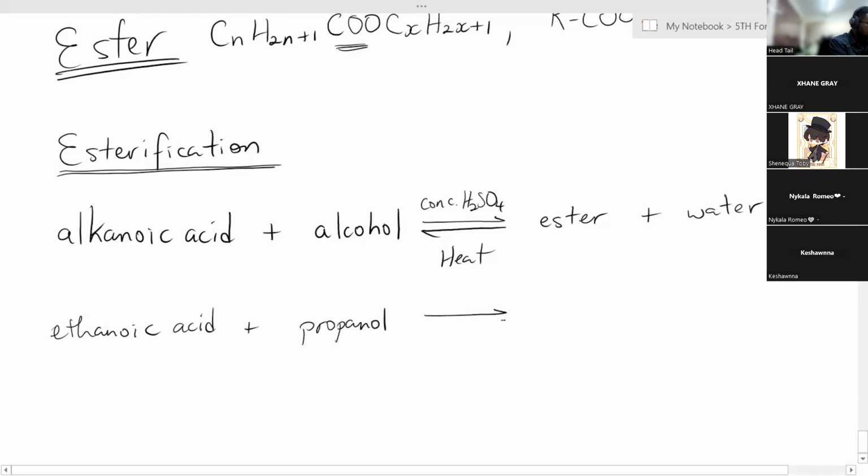This is a reversible reaction. We have concentrated H2SO4 and heat. And we are going to produce an ester.